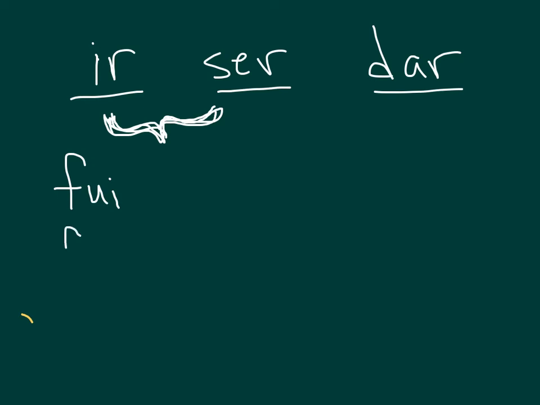Okay. Fuiste is the second person form for either one. So, fuiste a la tienda, you went to the store. Or fuiste niño malo, you were a bad kid? No, of course not. Fue for third person.